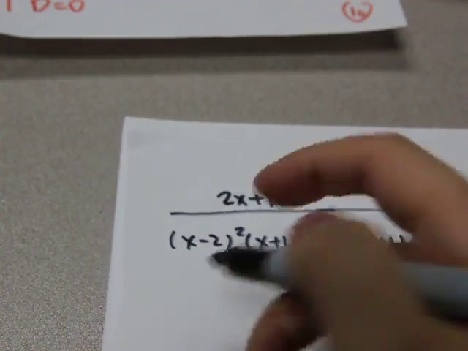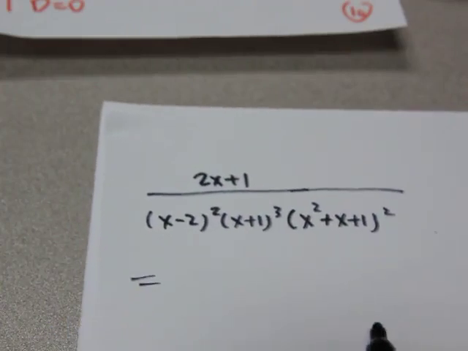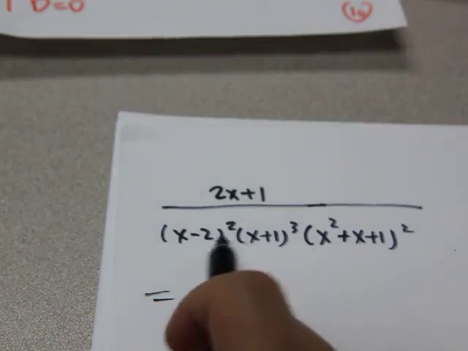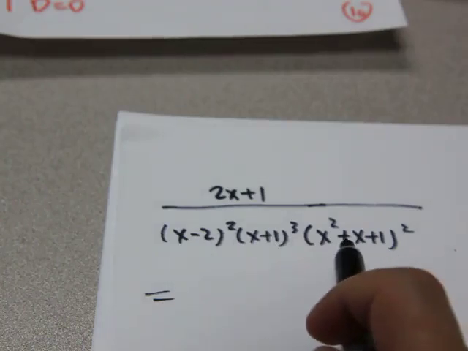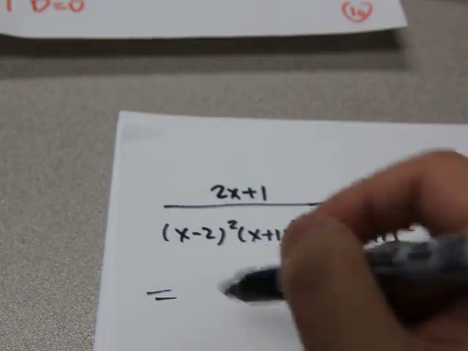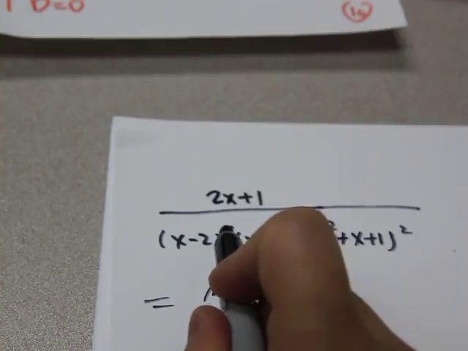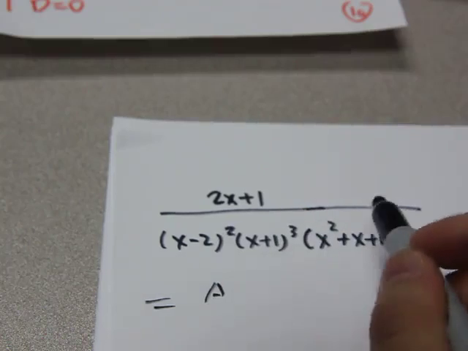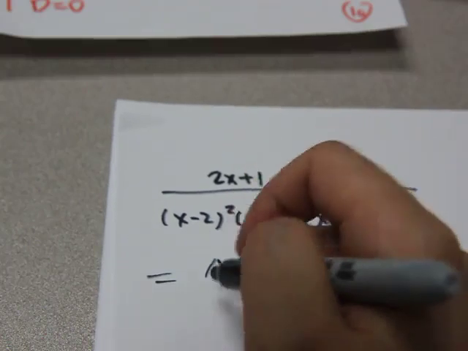Let's think about how many fractions we need. So there are two repeated linear factors, right? And one repeated quadratic factor. So in total, we need 2 plus 3, so 5, 5 plus 2, so 7. In total, we need 7 fractions.